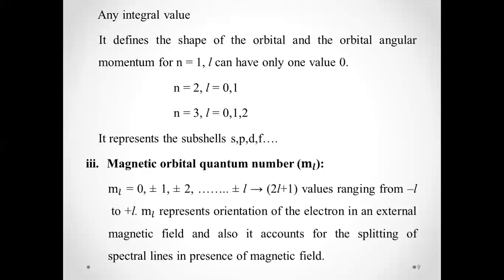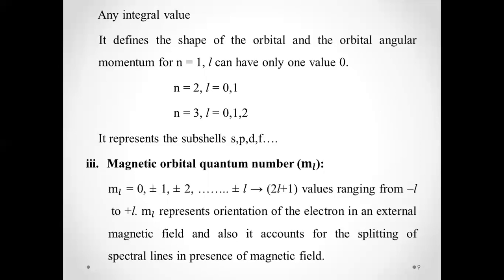The third quantum number is the magnetic orbital quantum number, ml. Here ml can take the values 0, plus or minus 1, plus or minus 2, plus or minus 3, etc. up to plus or minus l.